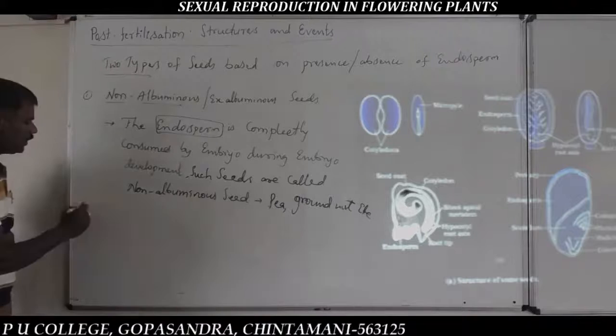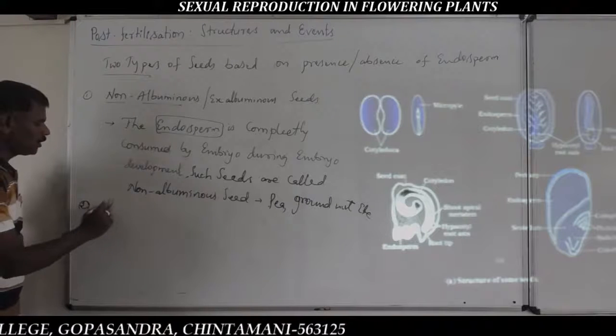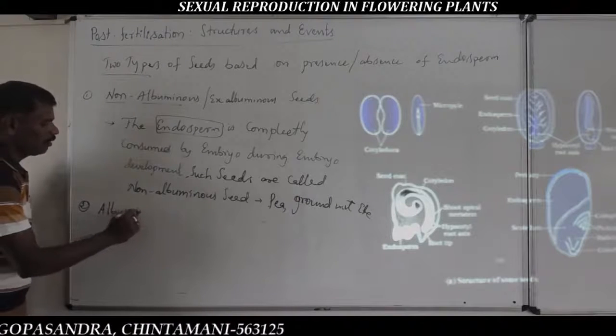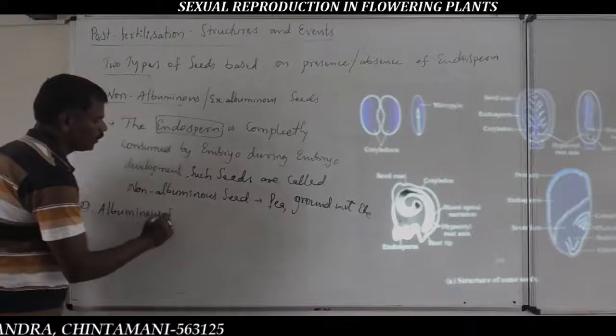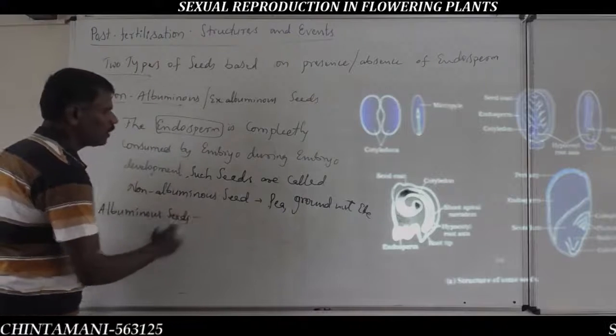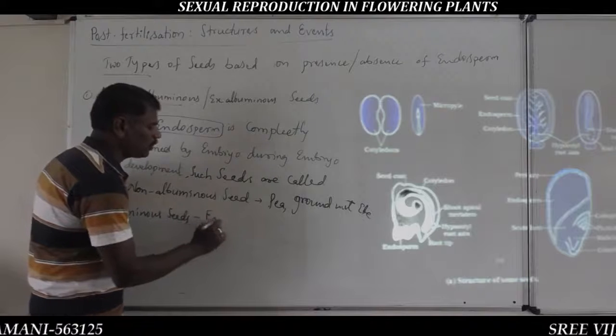The second type is albuminous seeds, which are also called endospermous seeds.